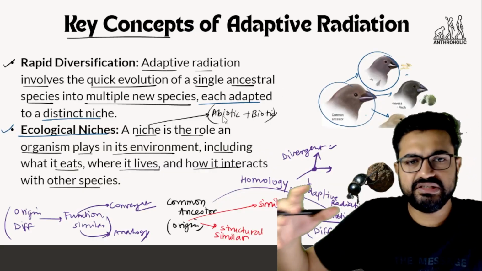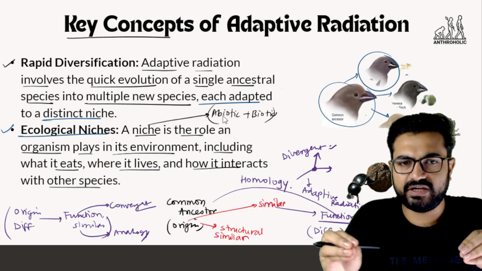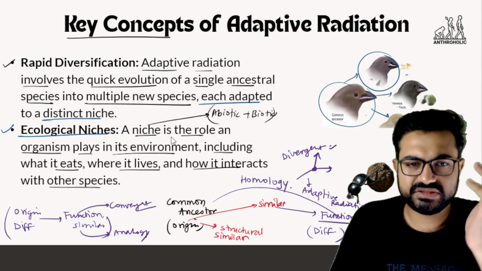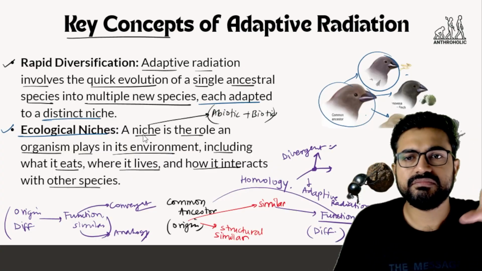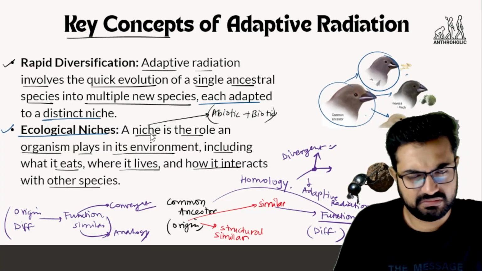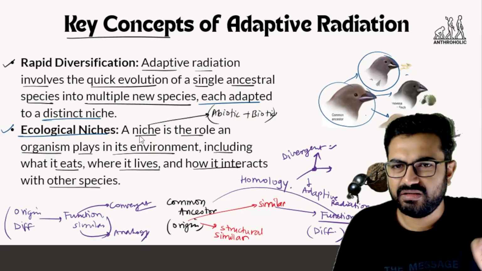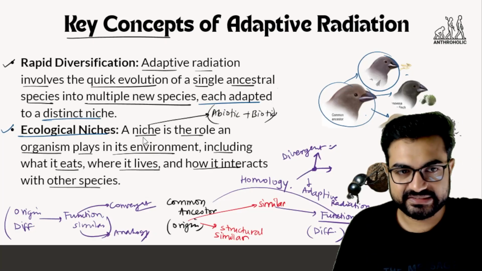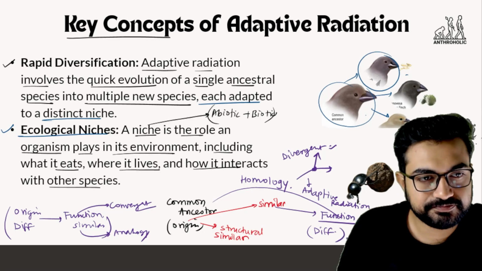All these abiotic plus biotic factors comprise the niche of that organism, including everything: what it eats, its feeding, its habitat, and how it interacts with other species. All these things govern the ecological niche.